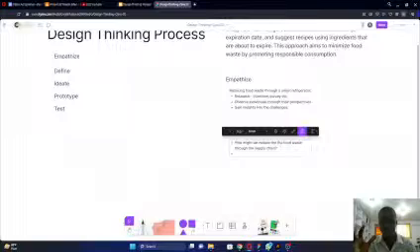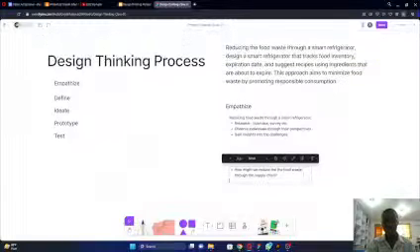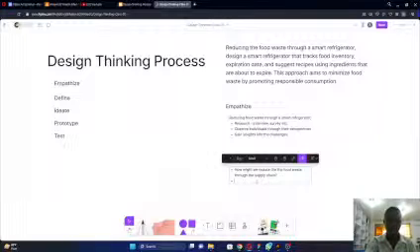Identifying core issues like expiration dates.